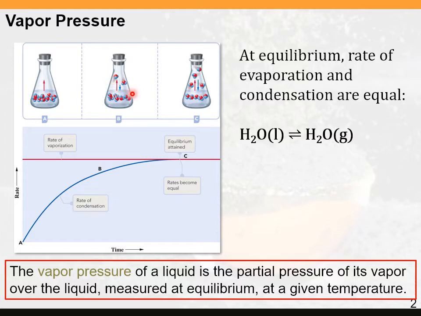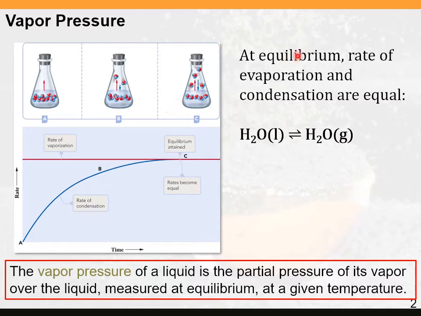That process is called condensation, going from the gas phase to the liquid phase. At some point, there will be enough gas molecules such that the rate of condensation will catch up with the rate of evaporation. The liquid evaporates at the same rate the gas condenses.